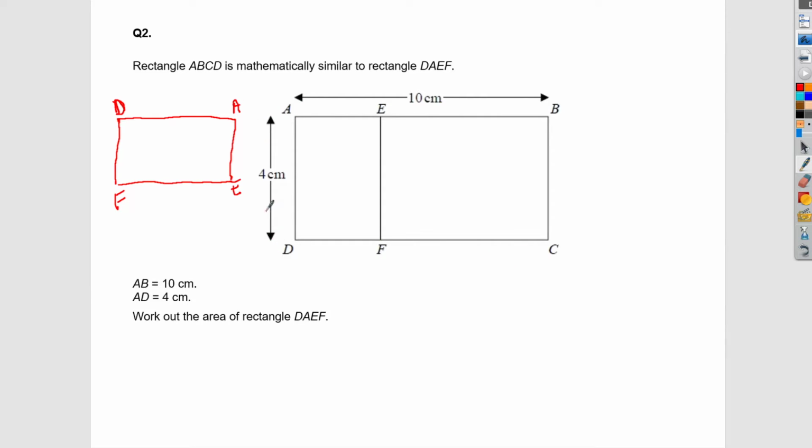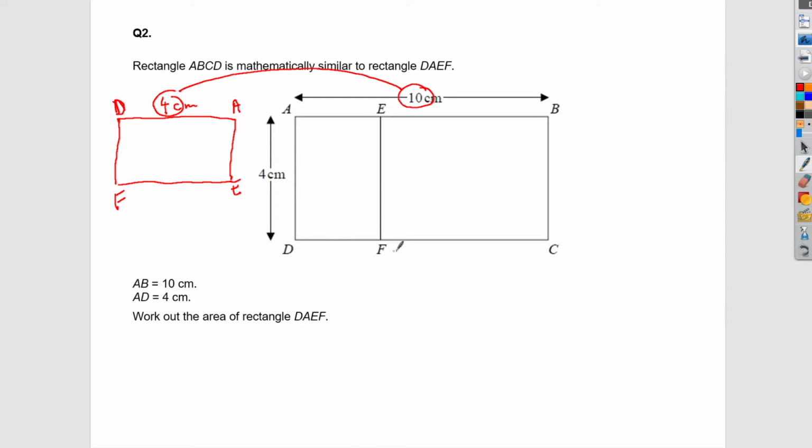So I know that A to D is 4 centimeters. And right, I need to work out the area of the rectangle DAEF. Okay, before we work out any area, let's have a look at the multiplier, which has gone from 4 to 10. What do we multiply 4 by to get 10?